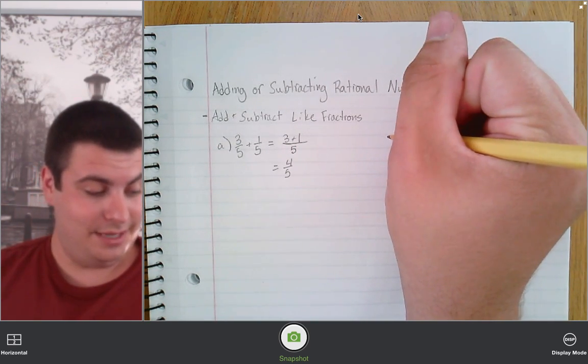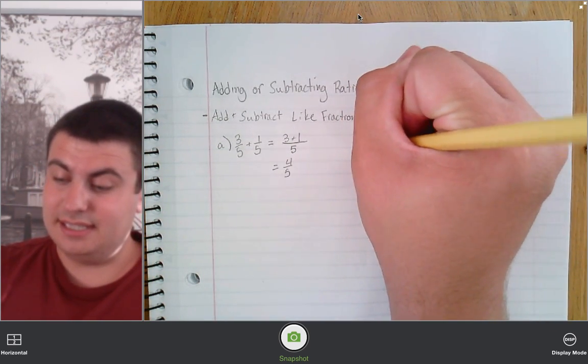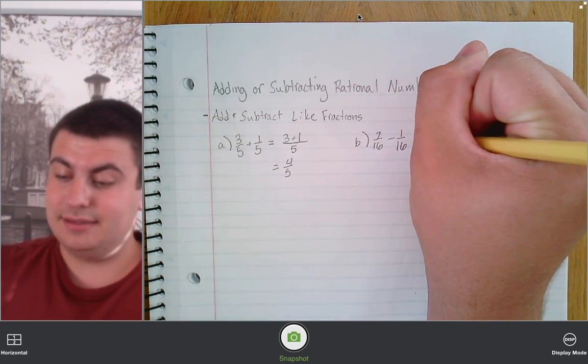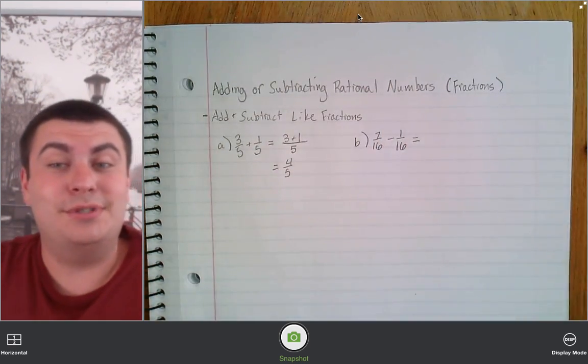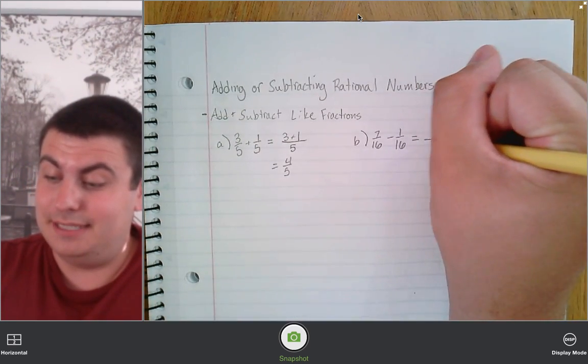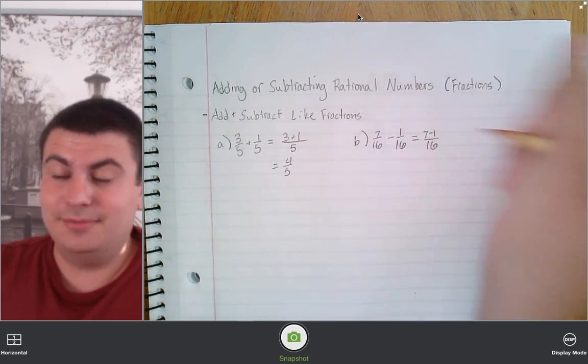Let's say that we have 7/16 minus 1/16. With subtraction with the same denominator, it's the same thing. We keep the same denominator and we subtract the numerators.